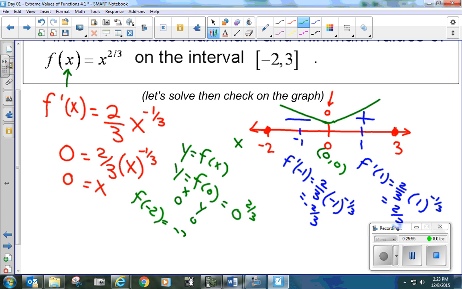So someone tell me, what's f of -2? That's -2 to the 2/3. What do you get there? -1.59? And -2 gives -1.59, that's my y, you're telling me? That looks like it's below 0. It's interesting, isn't it?